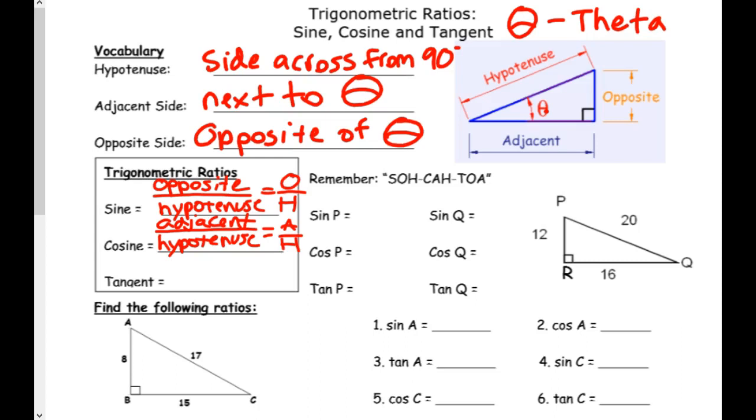So SOH, now we have CAH. How do I say CAH? Ka.